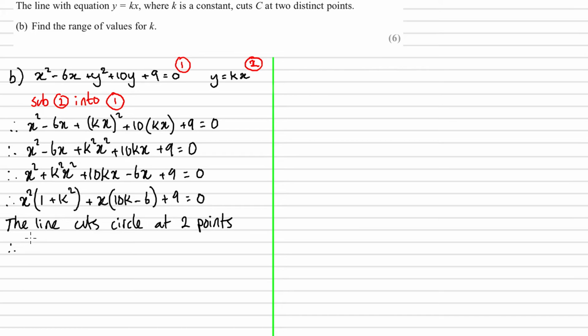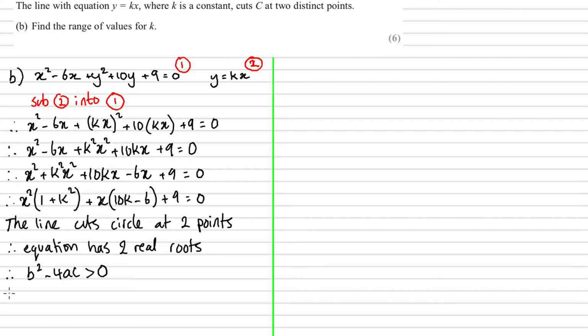Therefore, the equation has two real roots. So we can therefore say, evaluating the discriminant, that b squared minus 4ac is greater than 0.